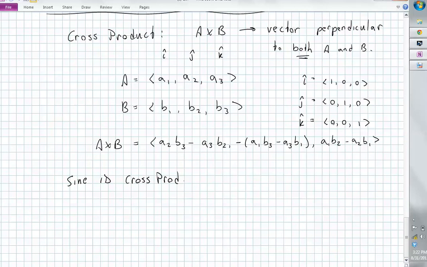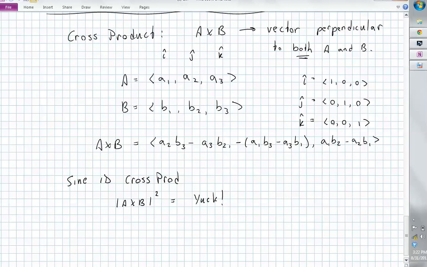Okay, so the sine identity for the cross product, similar to the dot product identity, but definitely not the same. You start out by computing the magnitude of A cross B squared.